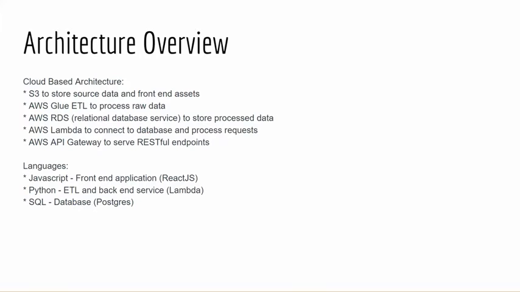AWS Lambda will host our business logic to extract data from the database, aggregate it, and serve it to the app and API endpoints. AWS API Gateway is used to serve RESTful endpoints. Primarily, we'll be using React.js for front-end, Python for ETL and backend business logic, and SQL on the Postgres database for queries.